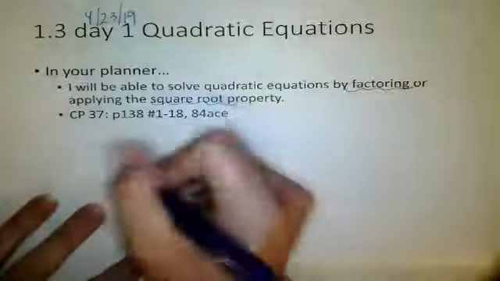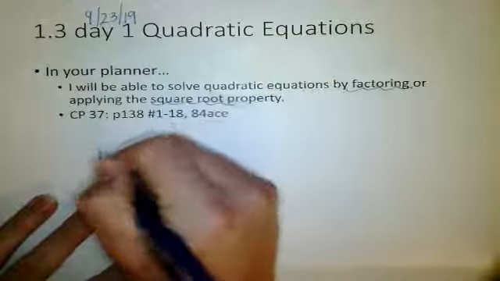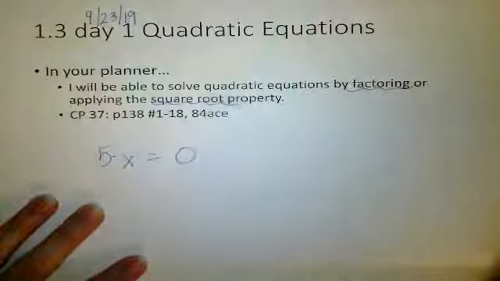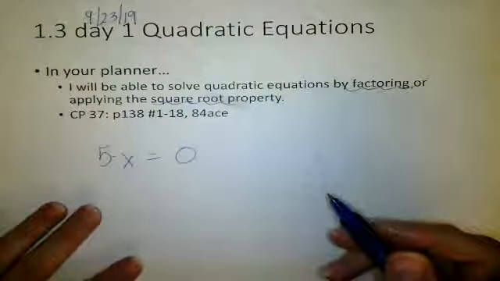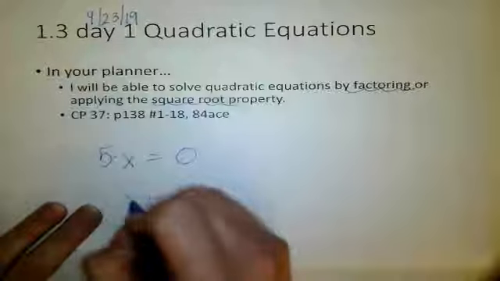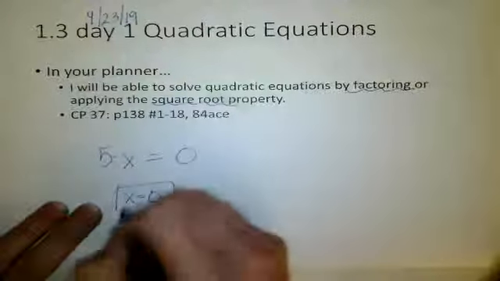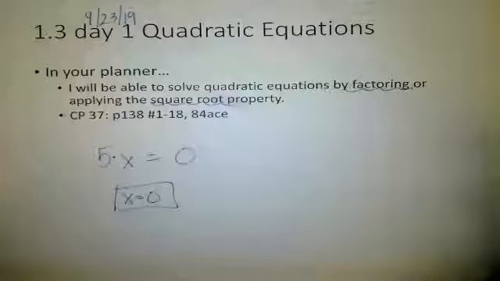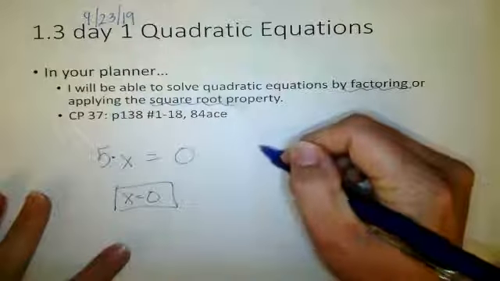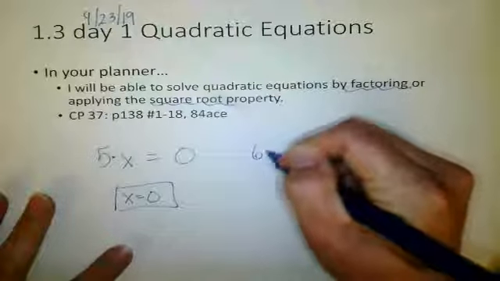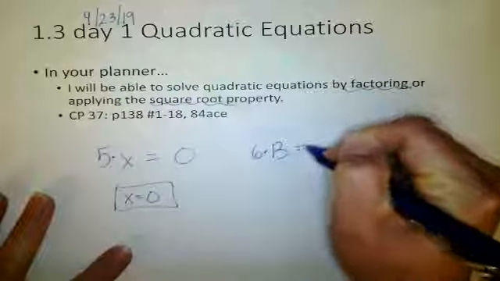So my first question to you is 5 times x equals 0. What's x? 0. 6 times b equals 0.